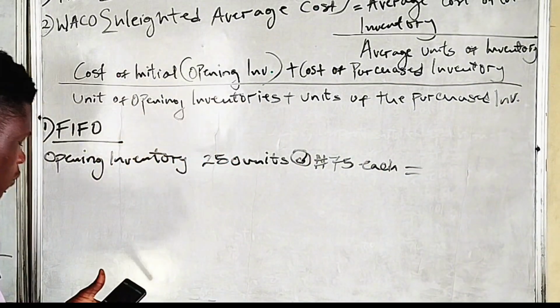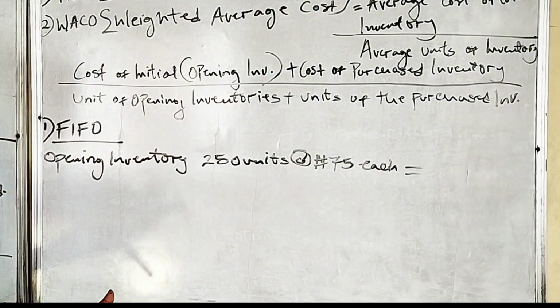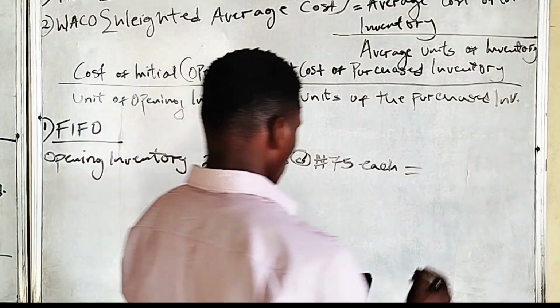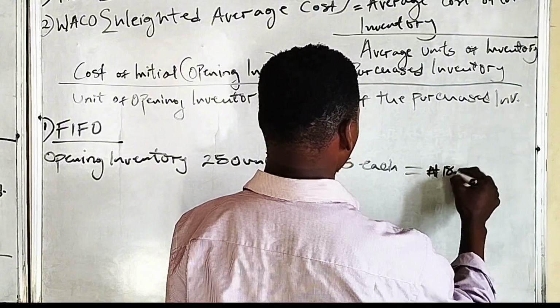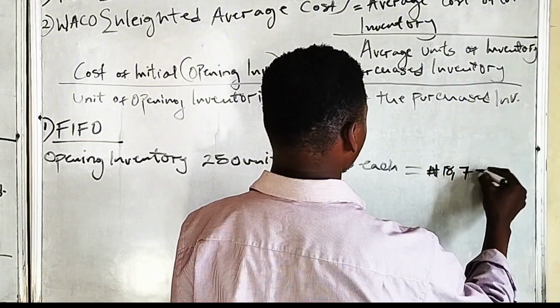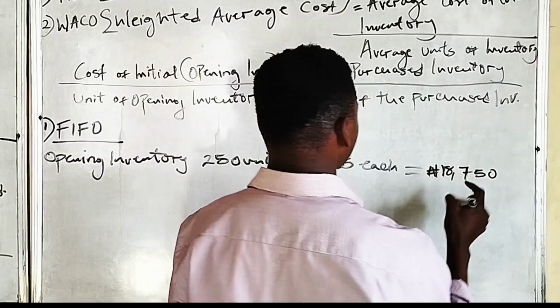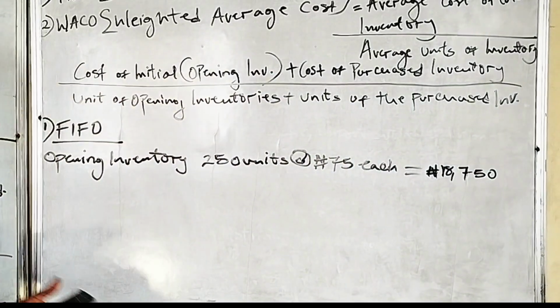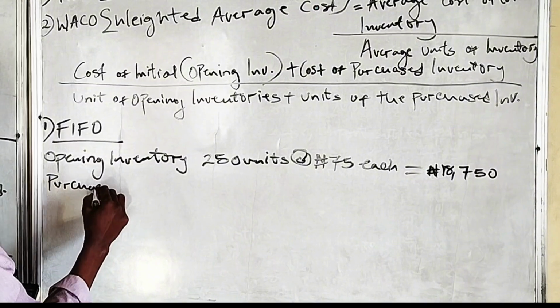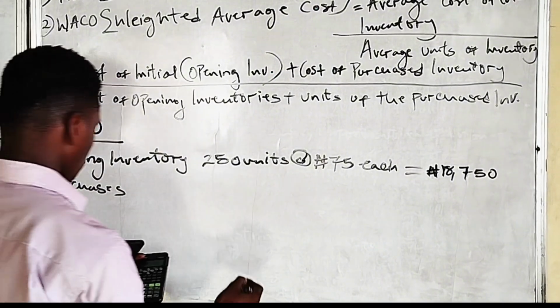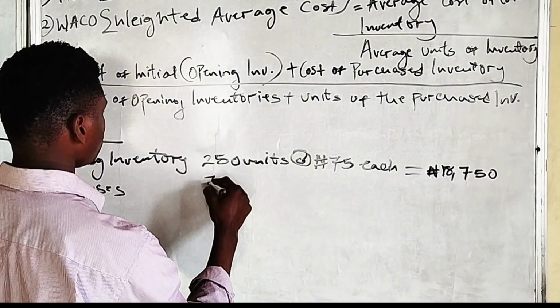So that will give us 250 multiplied by 75, which is 18,750. This is the opening value of inventory. So we purchased additional inventory of 750 units.